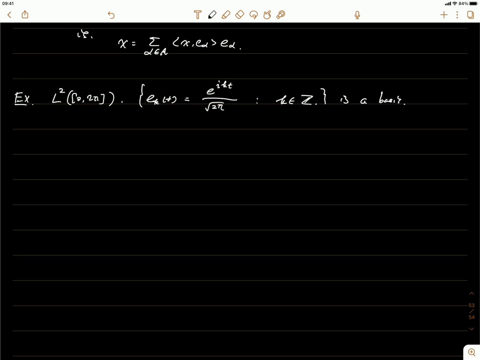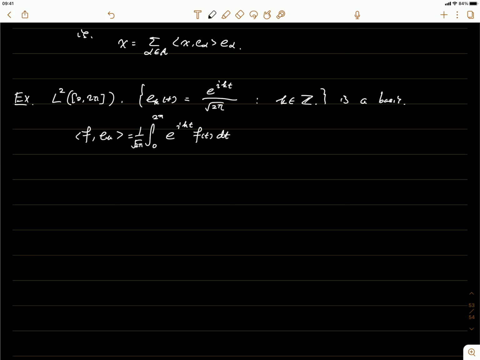In this case, the Fourier coefficient is, say we take the inner product of f and e_k. It's actually just the integral from 0 to 2 pi of 1 over square root of 2 pi, e to the negative ikt, times f of t dt.